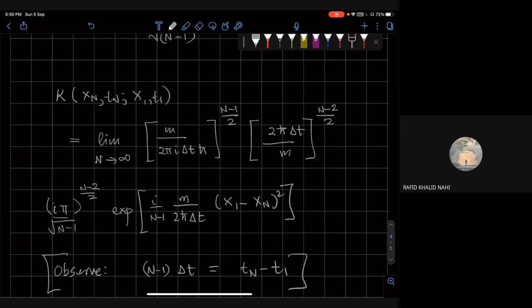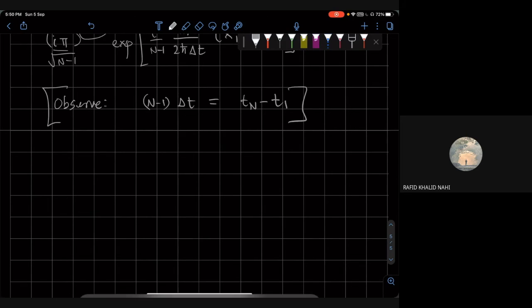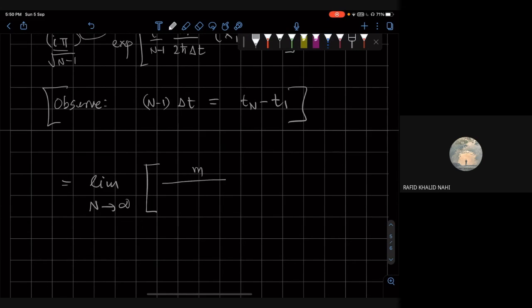So this guy has the same power as this guy. So we can take i pi inside this bracket, right? So we are going to get limit n goes to infinity, the usual factor, which is m divided by 2 pi i delta t h bar to the power (n minus 1) over 2.